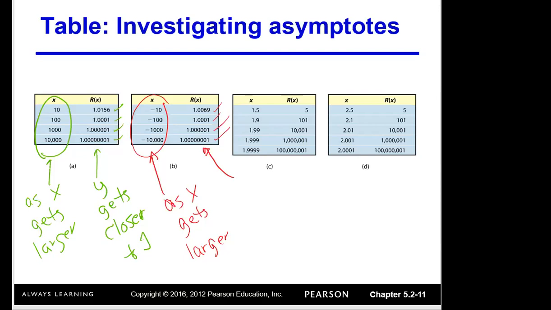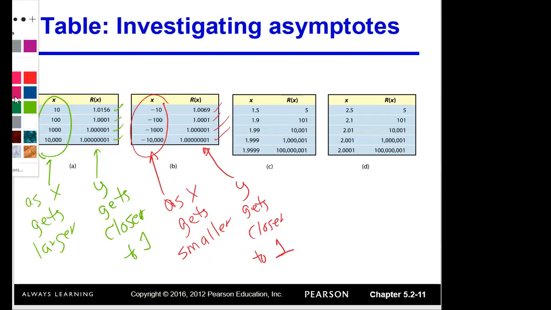Again, as x gets, why did I write larger? I don't know. Sorry, my son messed my head up. As x gets smaller, y gets closer to 1.